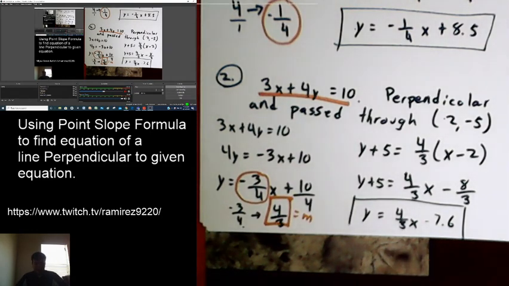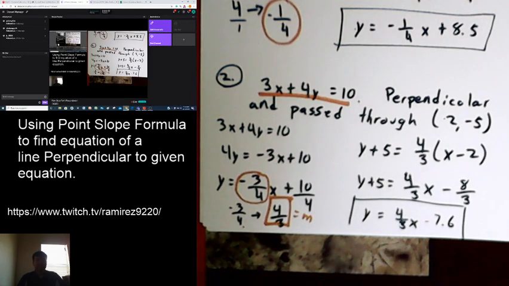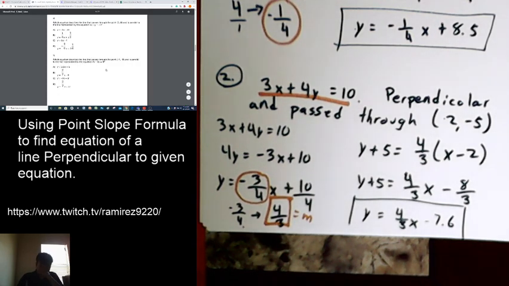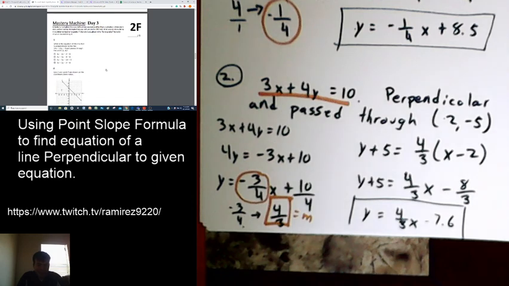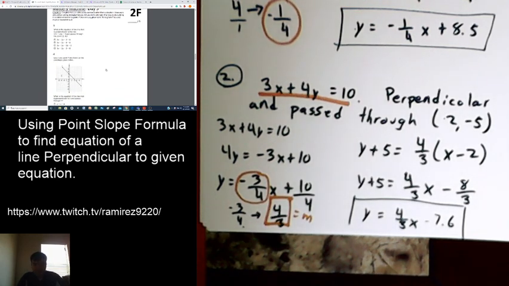And I know sometimes they give you graphs instead, but again, whenever you're looking at a graph and they're asking for something that is perpendicular, just do rise over run. That's it. So again, you'll see here that starting on day 3, you'll have to do several of these perpendicular equations. Okay.